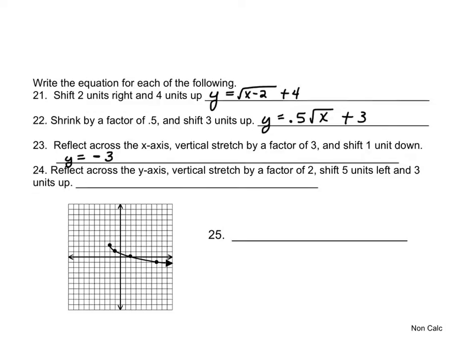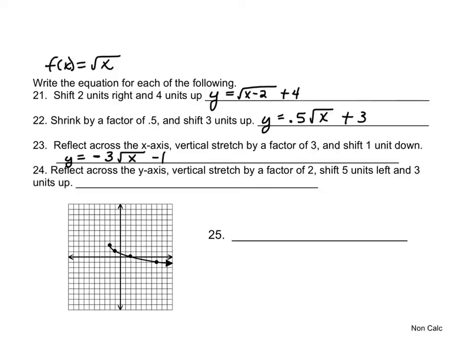We have to have what the function is, which in this case is a square root function, and then 1 unit down, which is minus 1. And I didn't write this, but since we're doing square roots, we're using as our basic function that we're transforming f of x equals the square root of x, or y equals the square root of x.